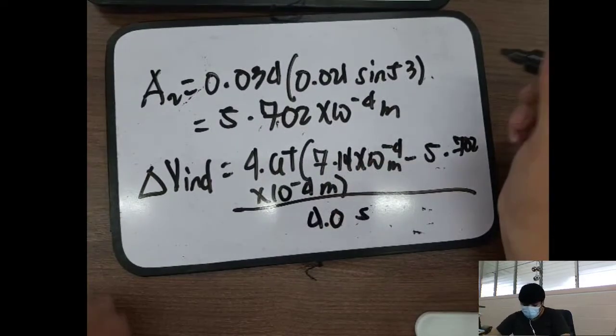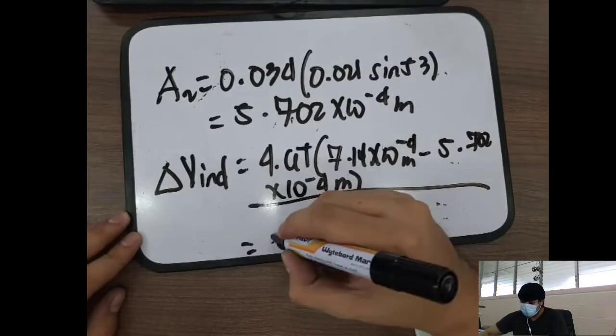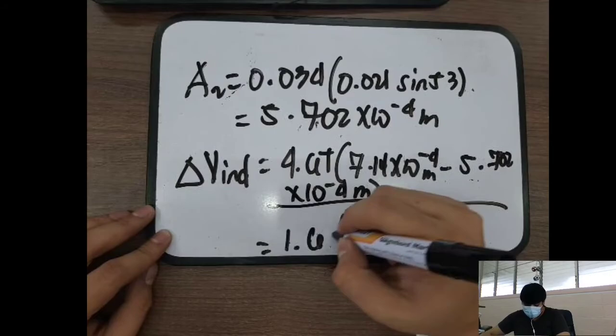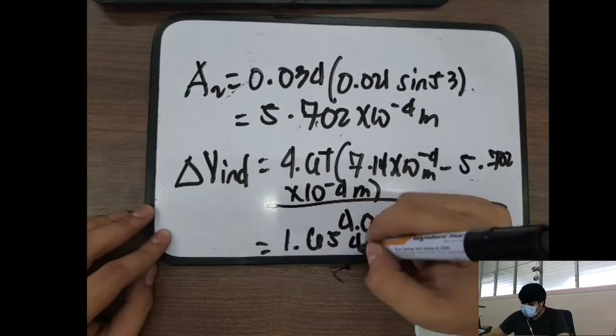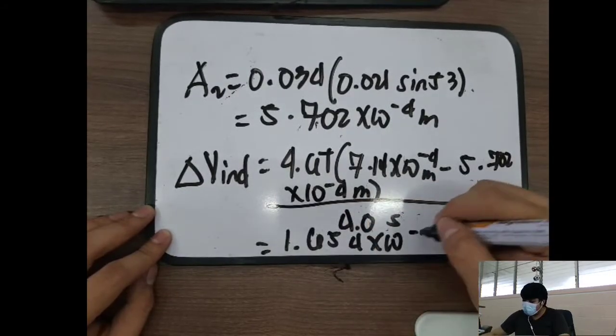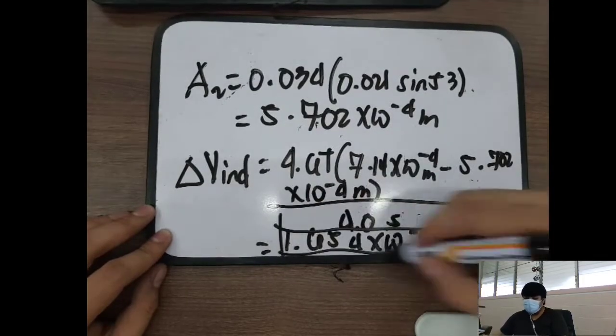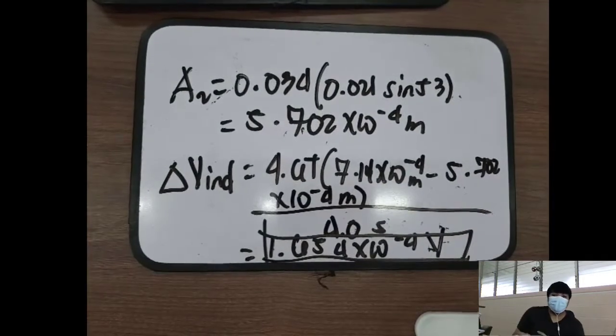And that is equal to 1.654 times 10 to the negative 4 volts. So that's it, okay?